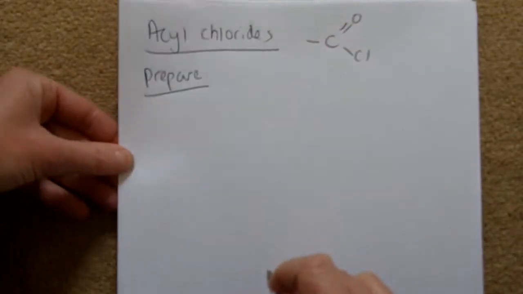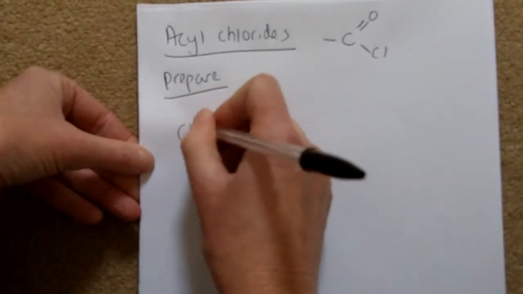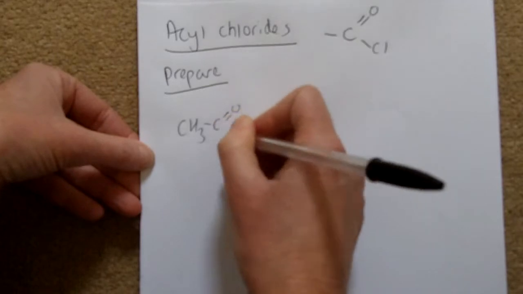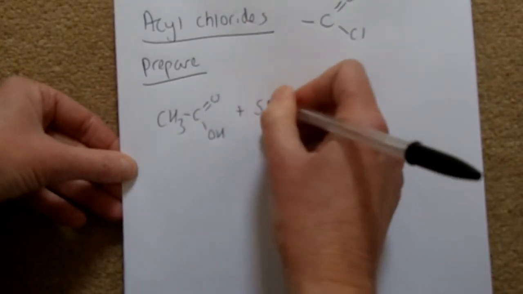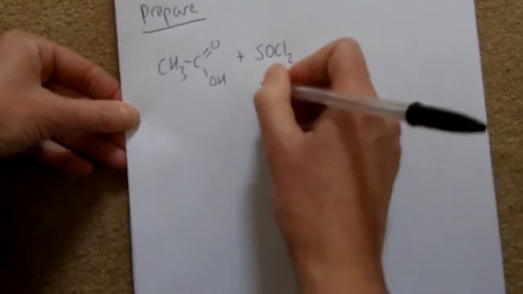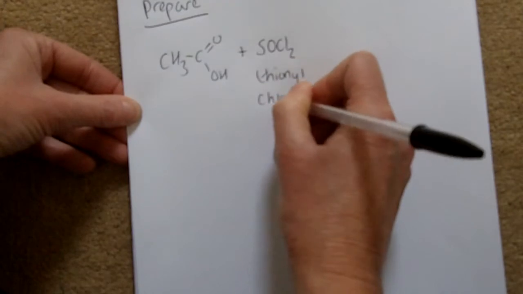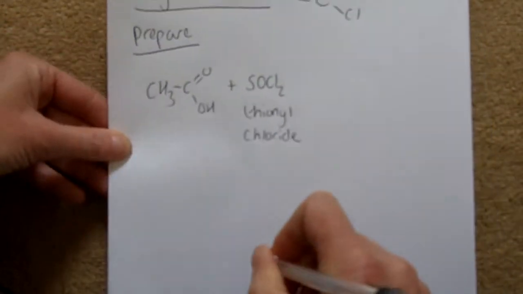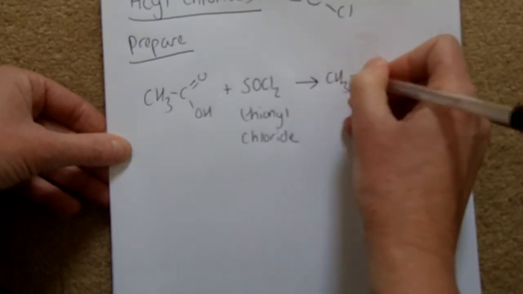You take a carboxylic acid, so I'm taking ethanoic acid, then you add thionyl chloride.